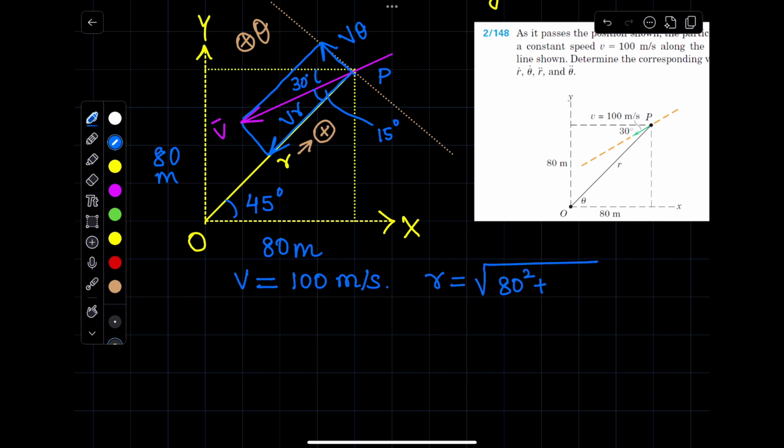It is given as 100 meters per second. r can be easily calculated because it has 80 meters on the x-axis and 80 meters on the y-axis. So you can take the square root and calculate the distance. O to P is r.